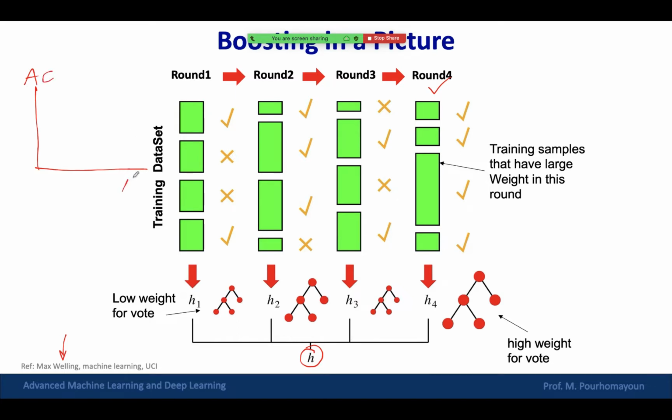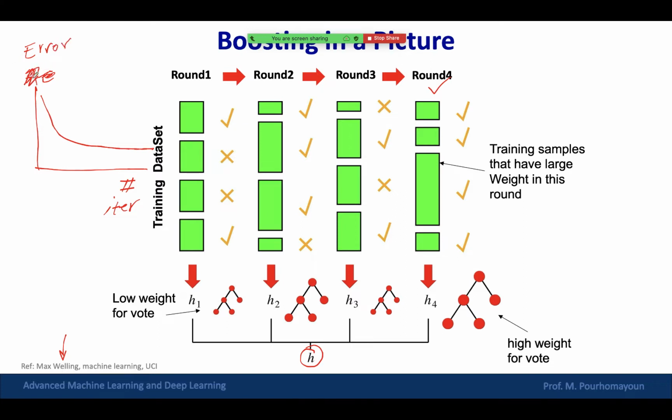versus number of iterations. Usually it is like this. Okay, all right, so more iterations, let me call it cost or error. Let me call it error.